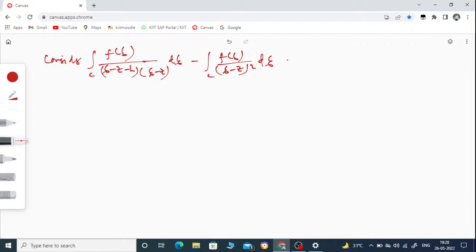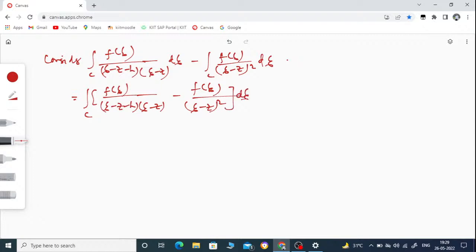If I consider this as a subtraction, taking the integral over C common, this will be f of ζ divided by ζ minus z minus h, ζ minus z, minus f of ζ divided by ζ minus z whole square, dζ. Simplifying again, if I take f of ζ divided by ζ minus z common, we get 1 divided by ζ minus z minus h, minus 1 by ζ minus z, dζ.